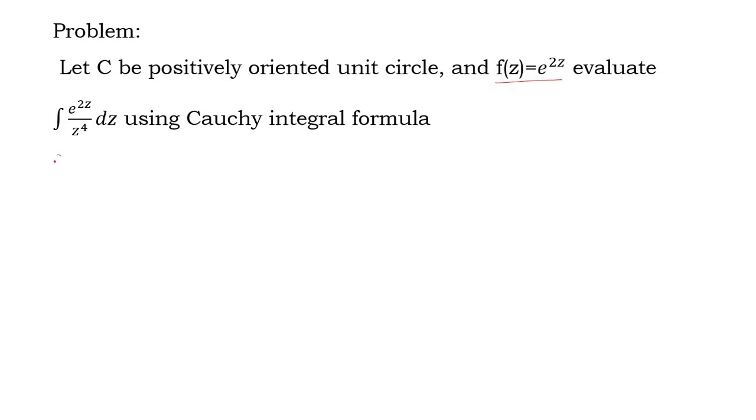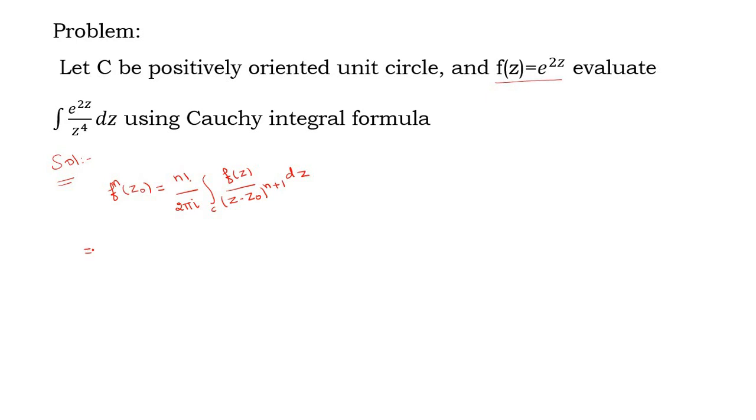So we know the higher order derivative of Cauchy integral formula. The higher order derivative of Cauchy integral formula is f power n of z naught equal to n factorial divided by 2 pi i integral over C f of z divided by (z minus z naught) whole to the power n plus 1 into dz.